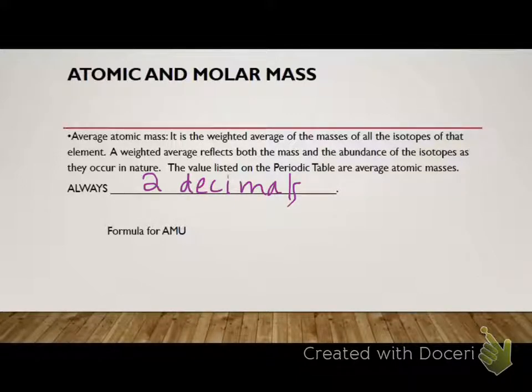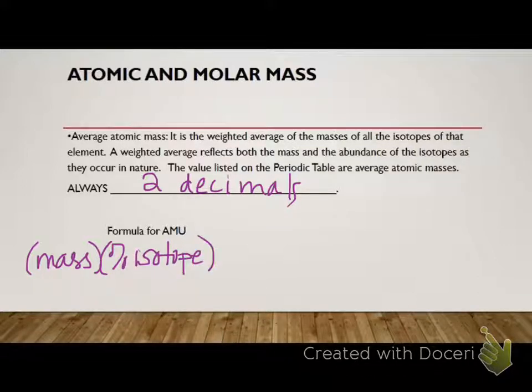So here is the formula for finding atomic mass. It goes like this. You take the mass of the isotope, and you multiply that by the percentage of that isotope, plus the mass of your other isotope times its percentage.